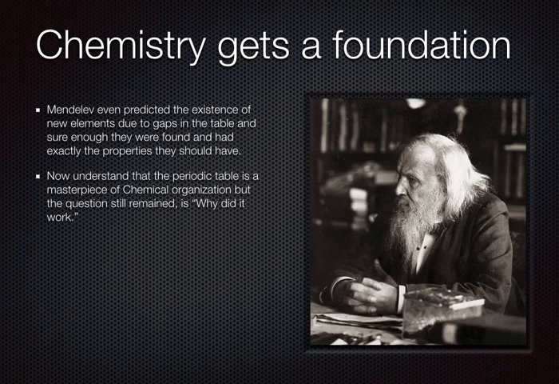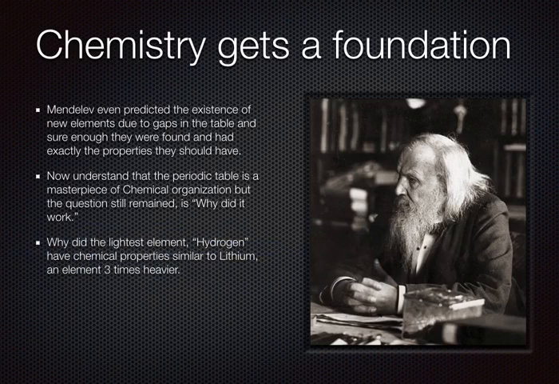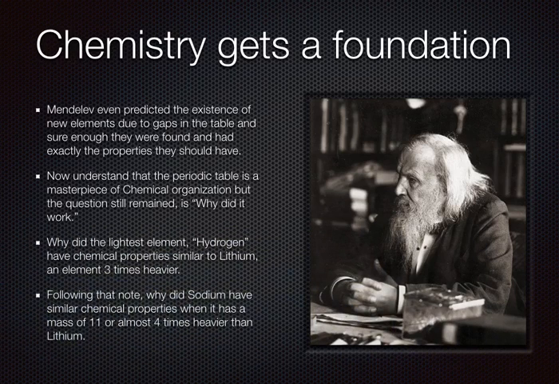Bohr said that when an atom was heated, its electrons would become agitated and leap from one fixed orbit to another. Each downward leap would emit energy in the form of light in very specific wavelengths. And that's why atoms produce very specific colors.